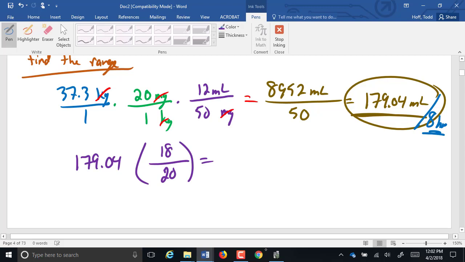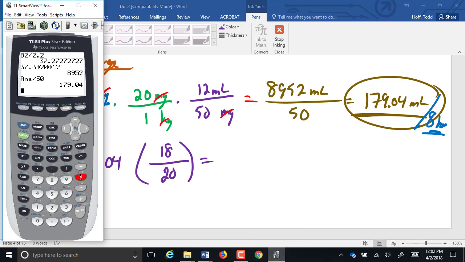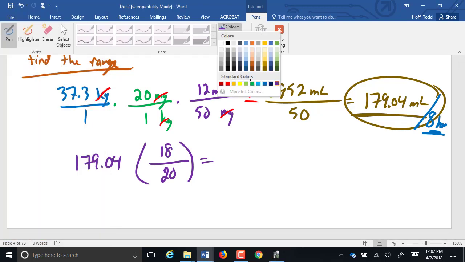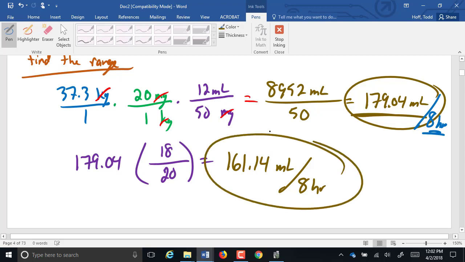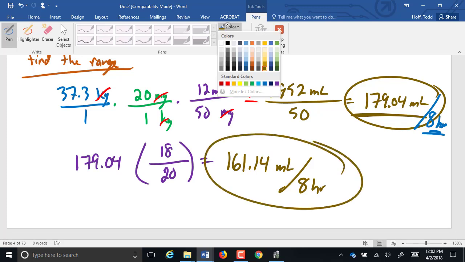We could also have done it in a proportion if we wanted to. That is 161.14, and we're going to round that, milliliters. That is also over the 8-hour period. So basically, I would say 160 to 180 milliliters every 8 hours for that patient.